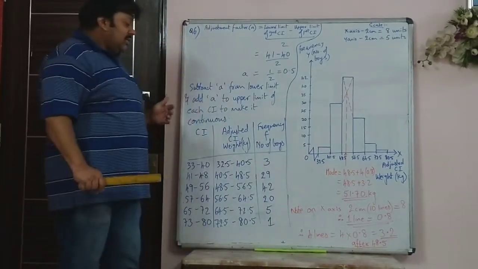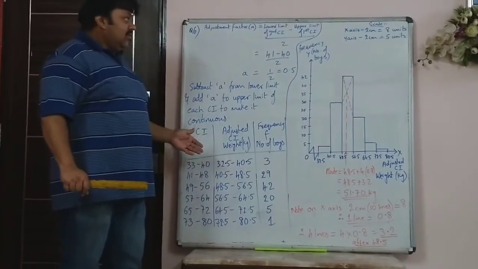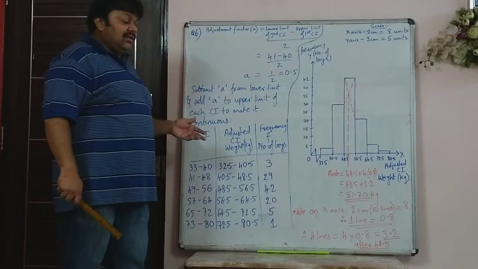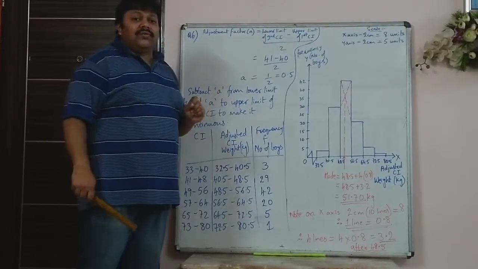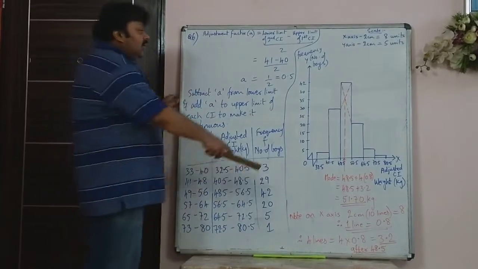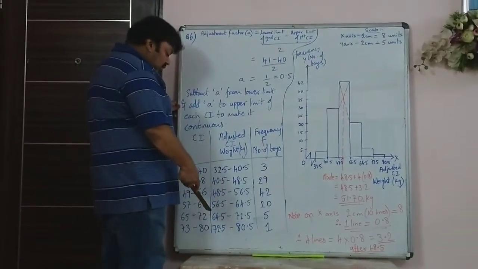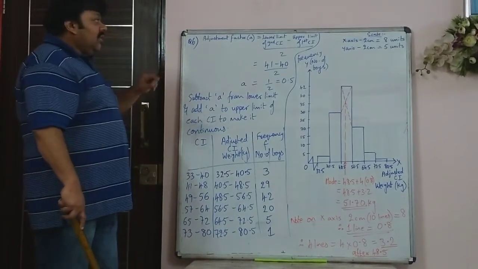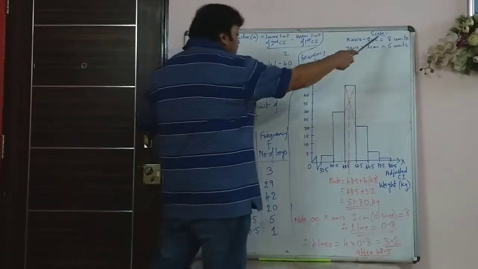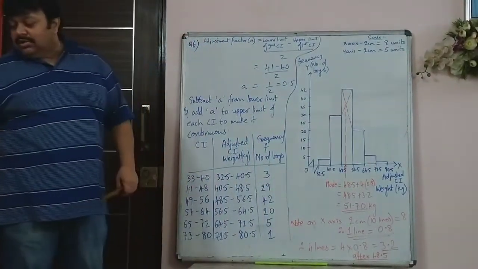So don't take 1 centimeter as 10. If you take 2 centimeter as 10, it will be a very small graph. It will fit in just 4-5 lines. So here on the y-axis, you are taking 2 centimeter as 5 units, and then you are drawing the graph.